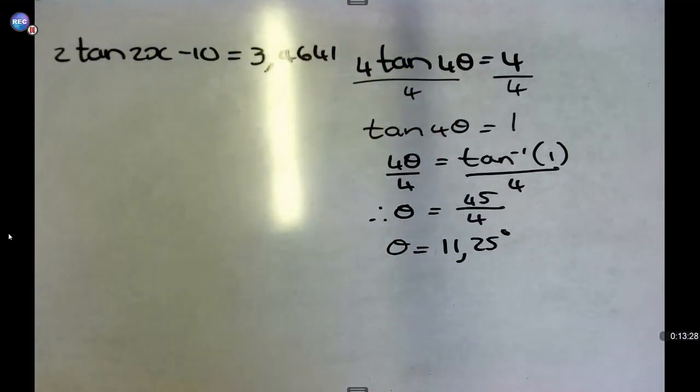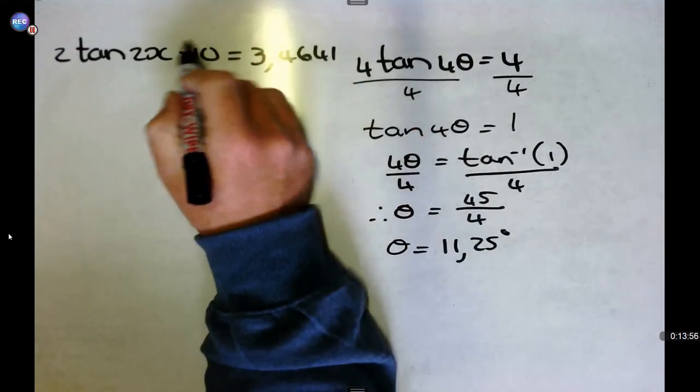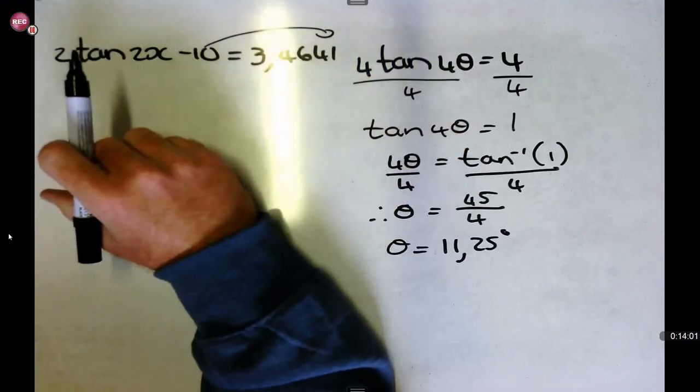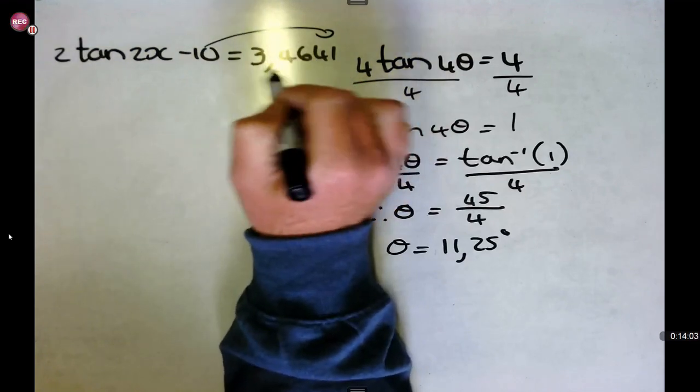That's what we got. Okay, first thing that we're going to do is, because this 10 over here is not in a bracket, we will obviously carry it over. You'll treat it as an equation, and then add it to the 3,4641.